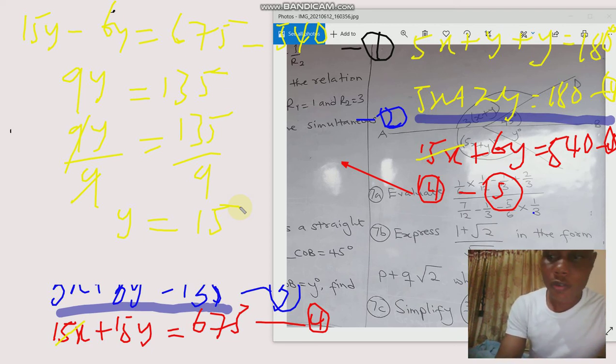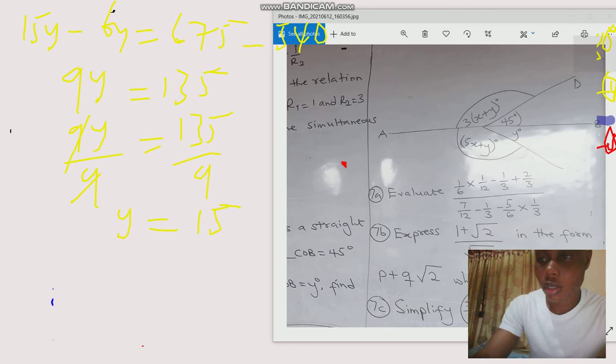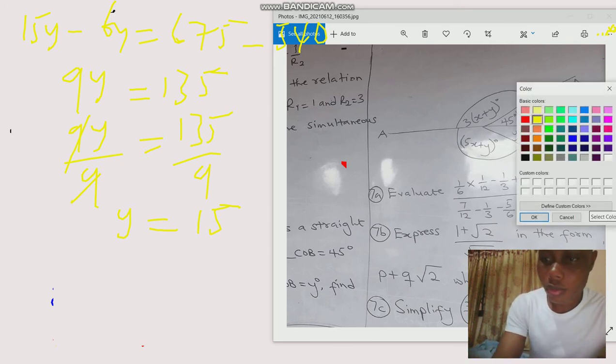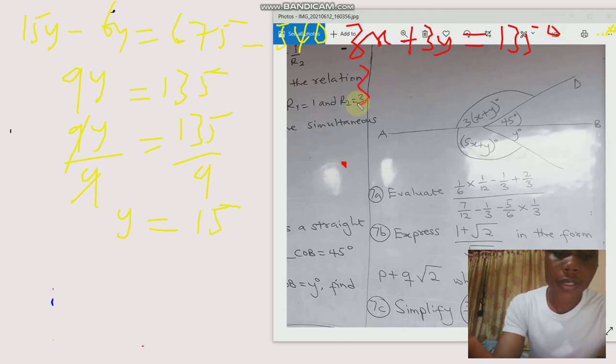So to get x, what am I supposed to do? I'm going to put the value of y into equation 1. My equation 1 was 3x plus 3y equals 135 degrees. Now my y is 15. So I have 3x plus 3 times 15 equals 135.